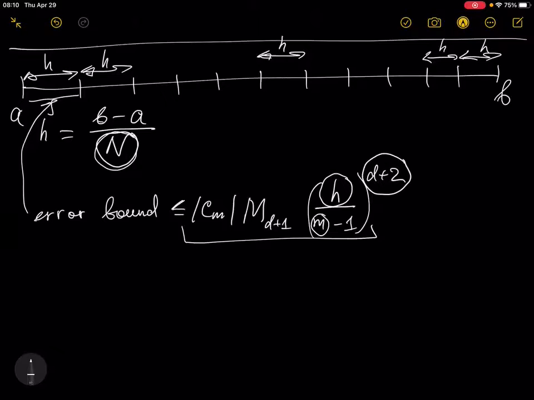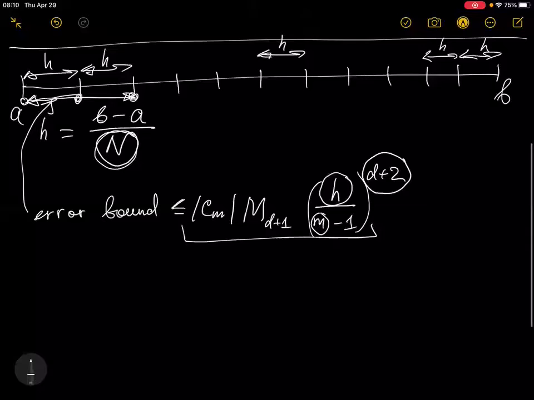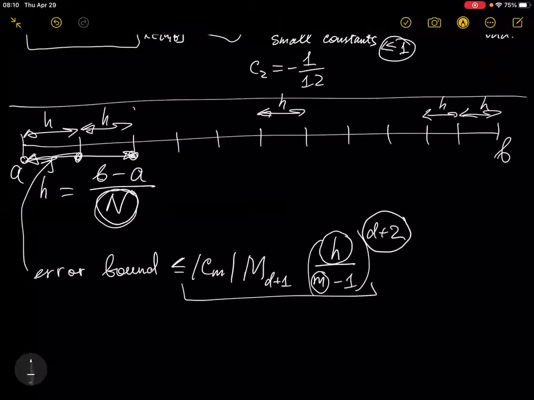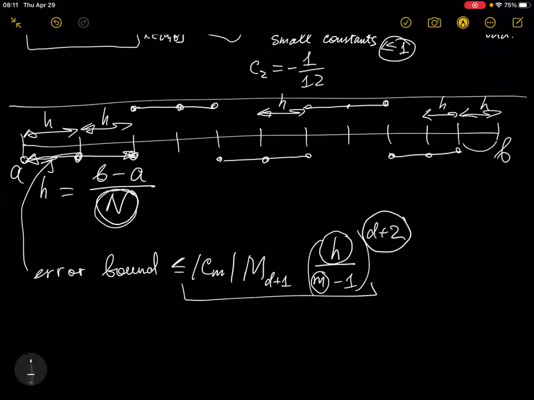Newton-Cotes rules require several points. For example, if you want to use Simpson, you consider these three points, then these three points, then these three points. We can consider different situations, but usually you choose n in such a way that it gives you the right number of subintervals, a multiple of the order of your Newton-Cotes rule, essentially how many points you need to use.